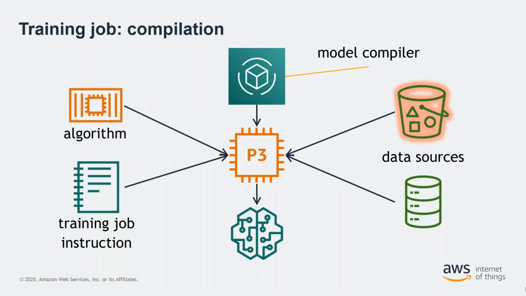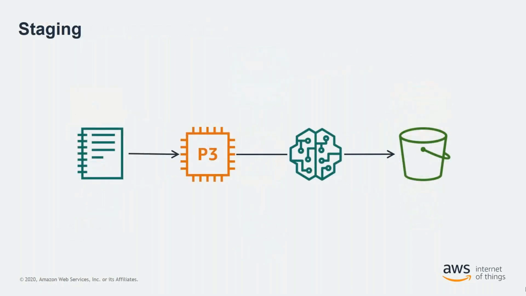Now, it's going to bring in this model compiler into the P3 instance, which is actually composed within a container, puts it onto the P3 instance, and then does the compute on the algorithm against those data sets. And eventually it outputs a machine learning model, which is represented on the bottom of the slide. Now, what we need to do now is we need to get that model down to the edge, right?